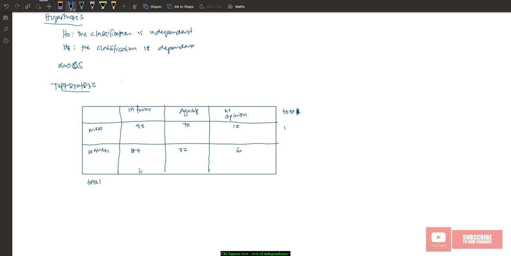And the total for man is 175. And the total for woman is 125. The grand total is 300. The column total for in favor is 180. This is 102. This is 18, right?